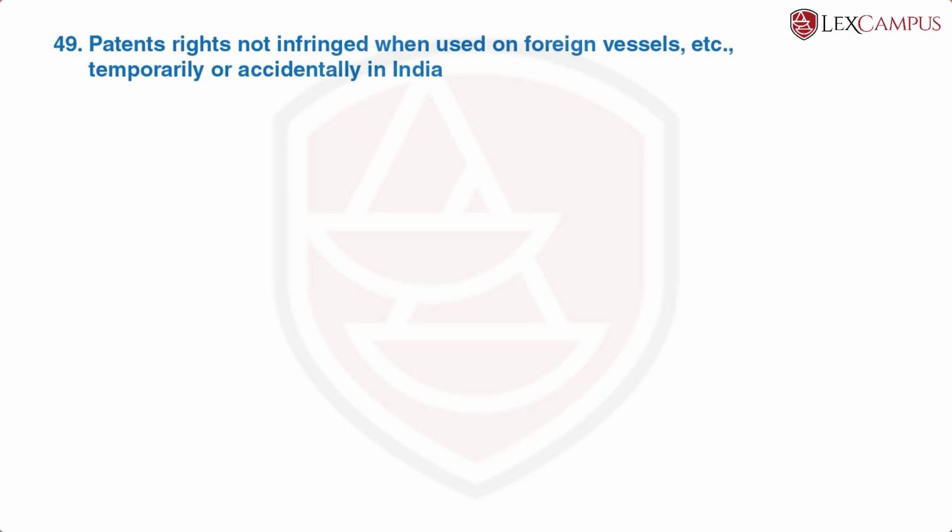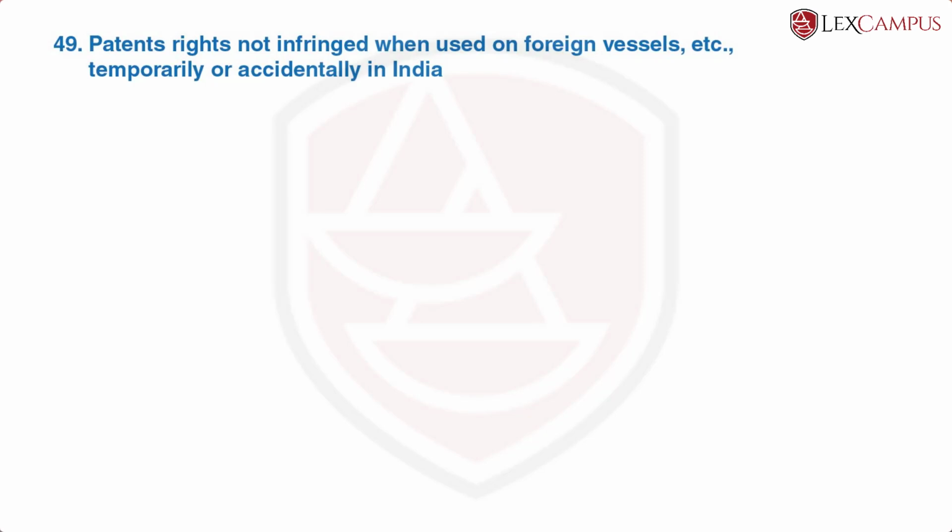This provision deals with instances where an equipment, more so in the form of a moving vehicle, enters India, and it so happens that one of the components in that equipment or vehicle that comes into India is patented.